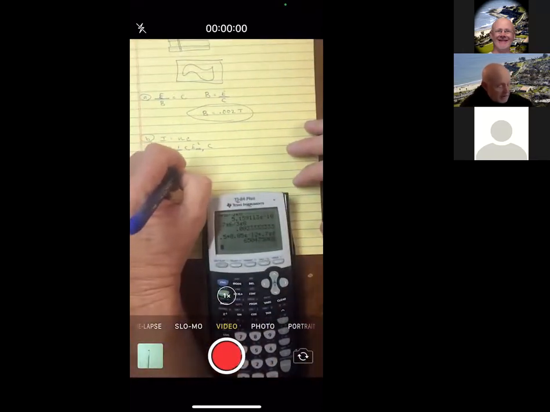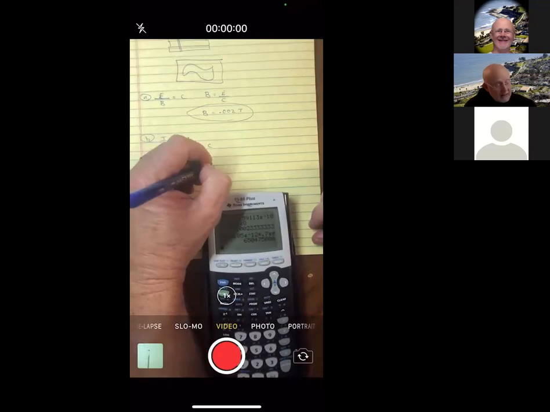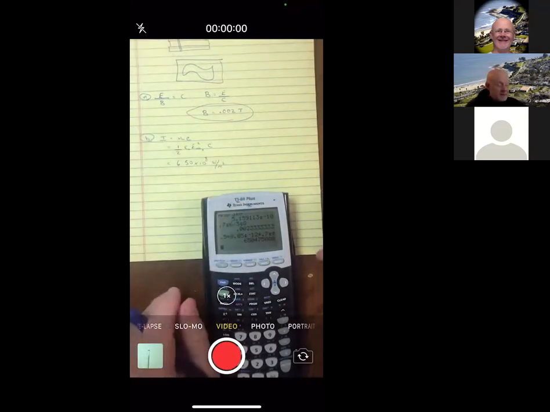And so 6.50 times 10 to the 8 watts per square meter.